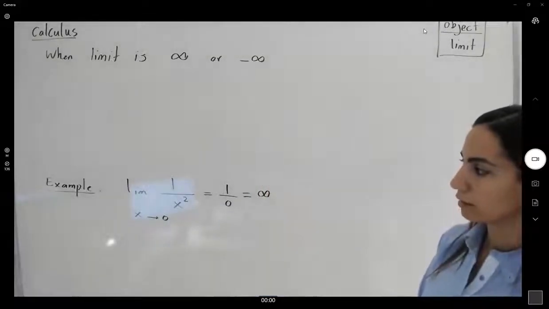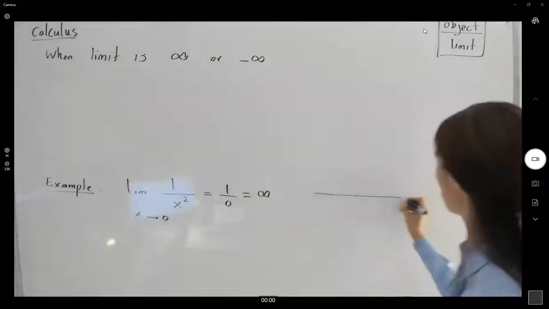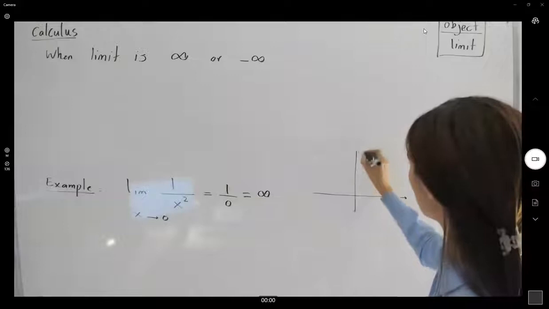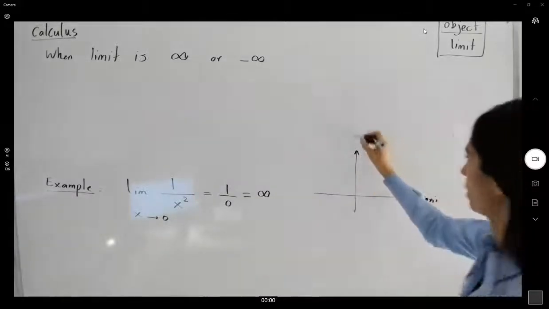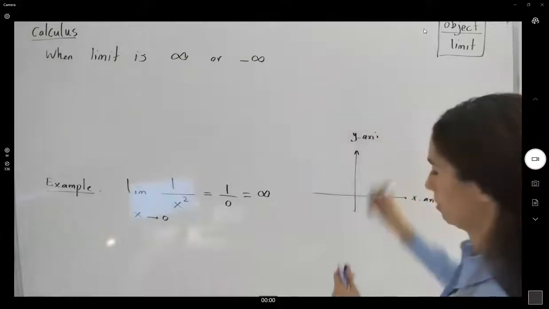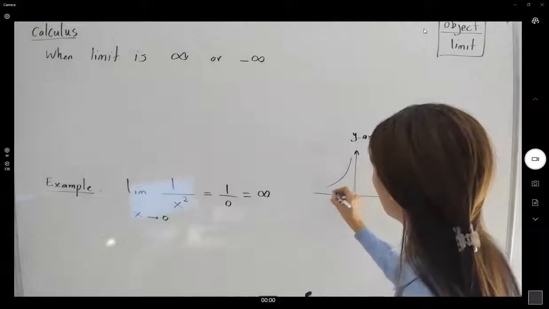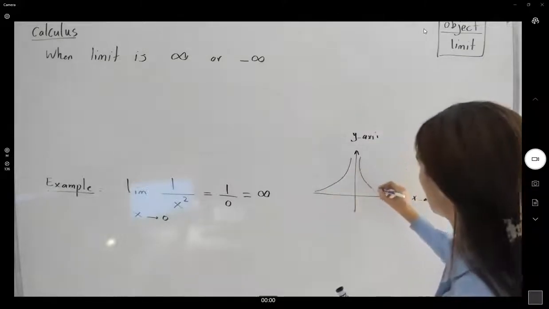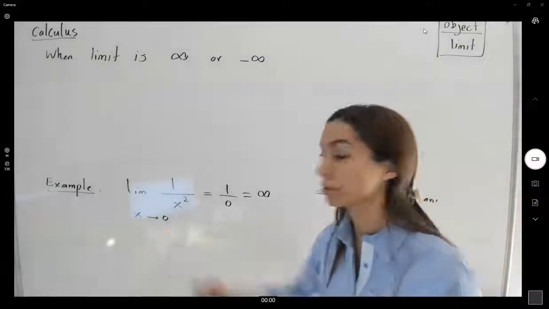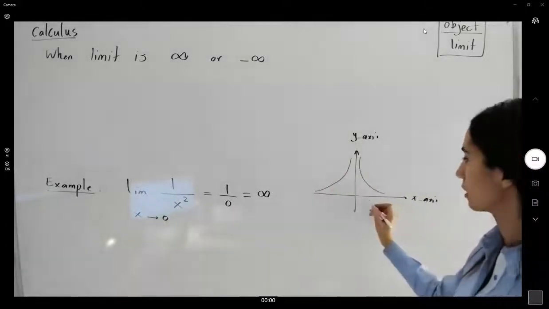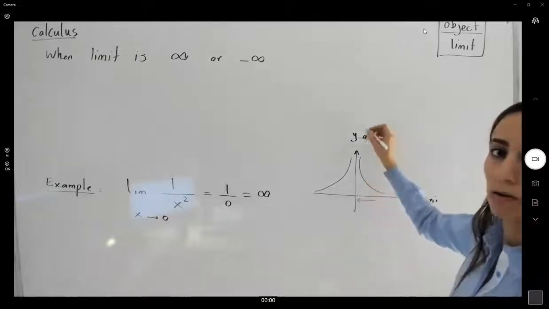Okay, what's the meaning of that? Now remember the graph of this function. The graph of this function behaves like this. This is your x-axis. This is your y-axis. Here you have this graph, this piece of the graph. So you're getting closer and closer to 0, to the origin. Where does my y go?